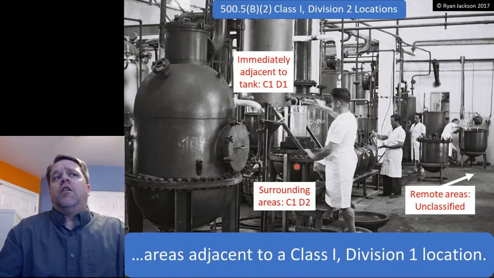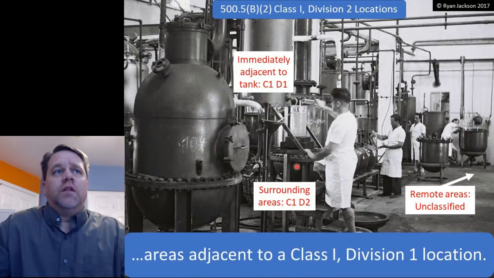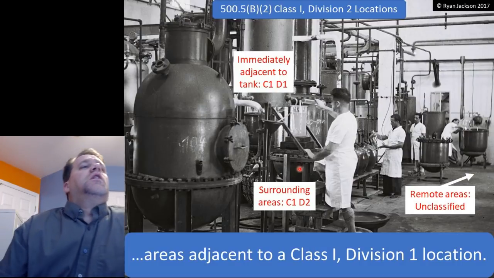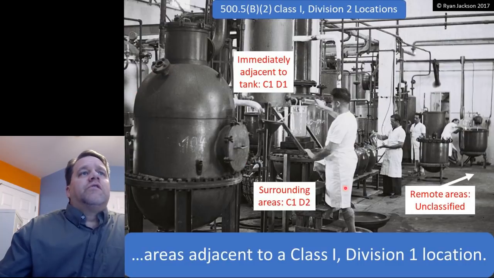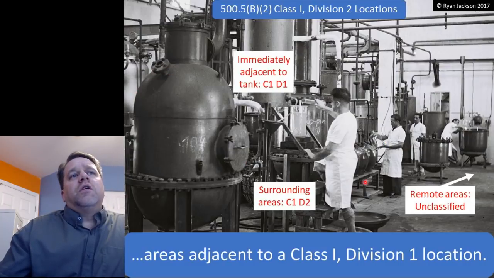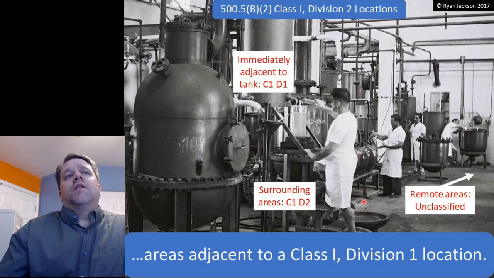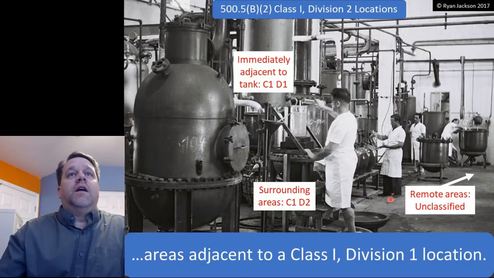Or we can also have areas that are adjacent to a Class 1 Division 1 location. So maybe right next to this tank, I have a Class 1 Division 1 location. Surrounding areas where the people are working might be Class 1 Division 2, and then remote from that might be an unclassified location.